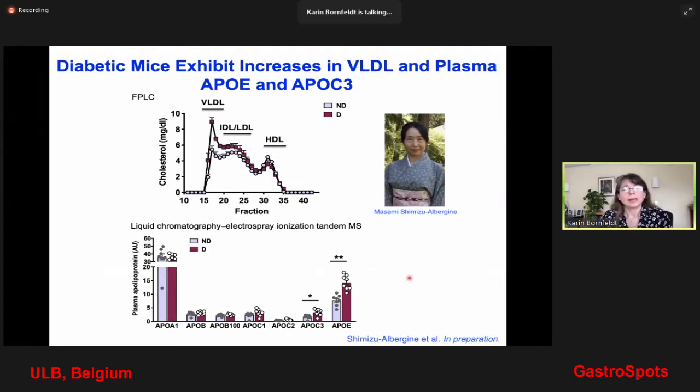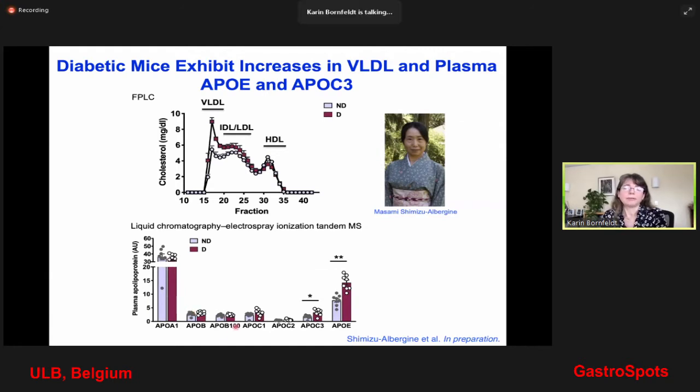So when we look at the apolipoproteins in plasma by targeted mass spectrometry, we see consistent results with this. That is, there are no differences in the ApoA1 levels between diabetic and non-diabetic animals. And ApoA1 is the major structural protein of HDL, so that's consistent with the lack of difference in HDL cholesterol.